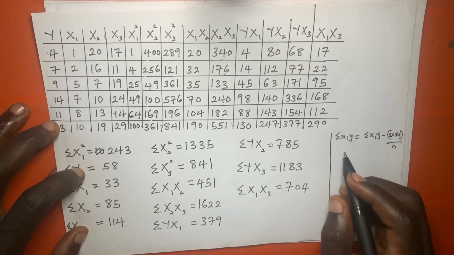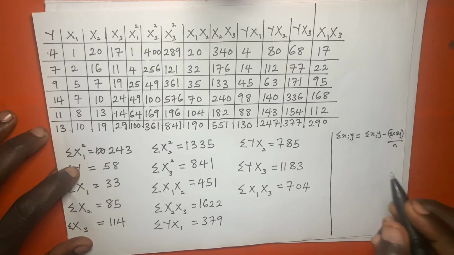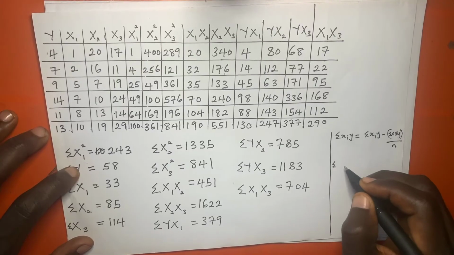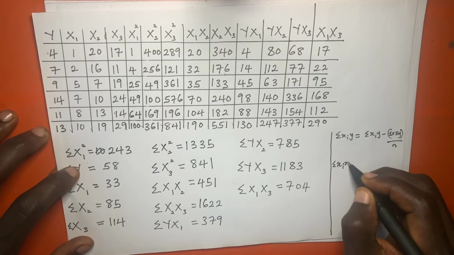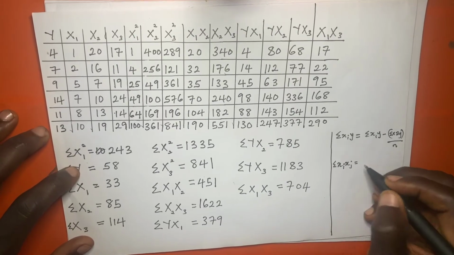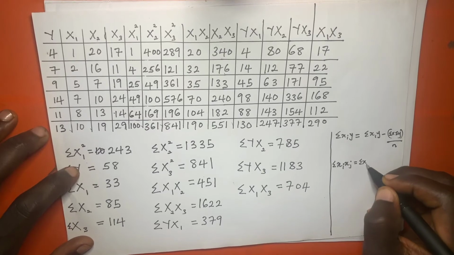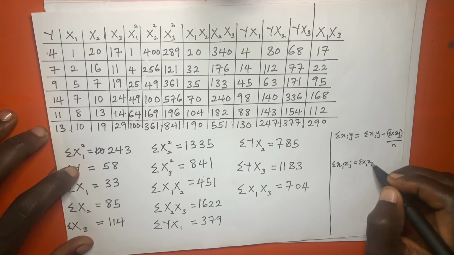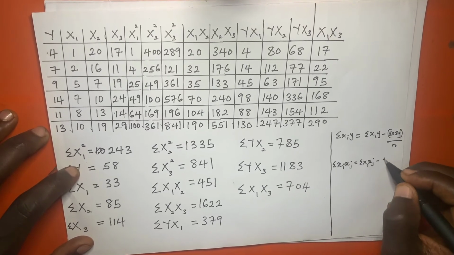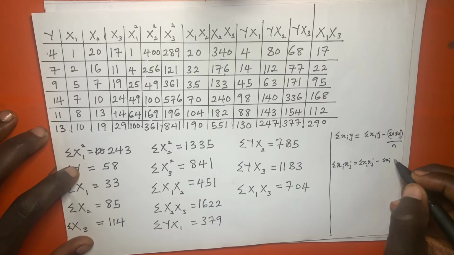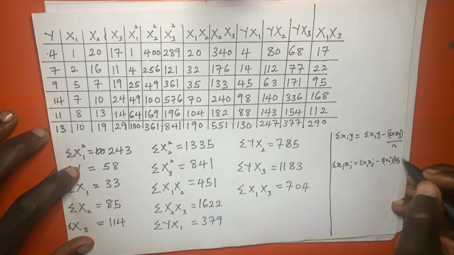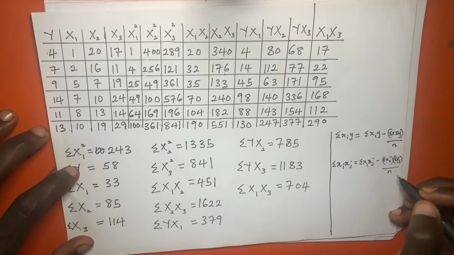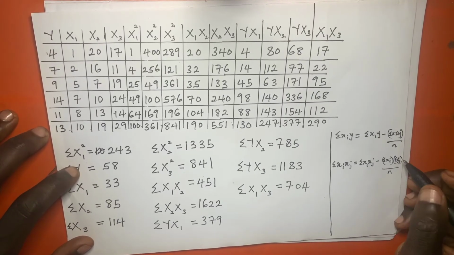Then the other one is if you have summation s subscript i, s subscript j. This will give us summation s subscript i, s subscript j minus summation xi multiplied by summation xj divided by n.